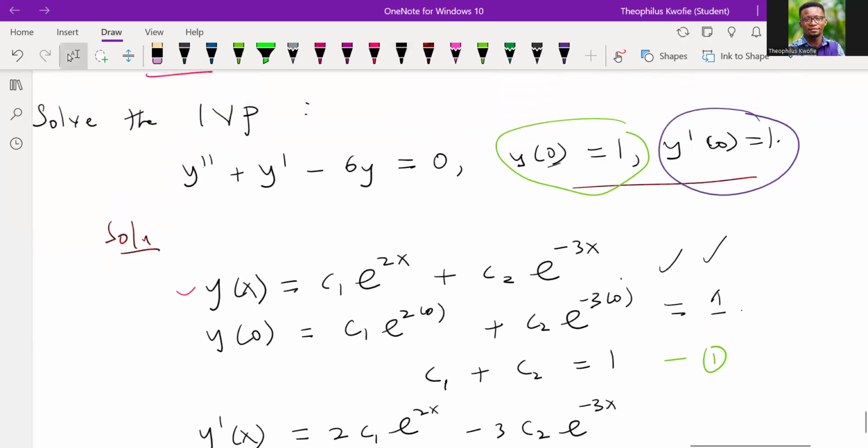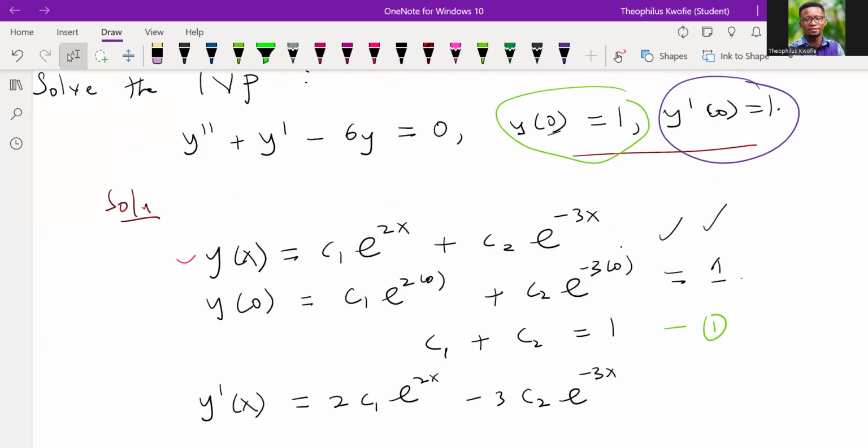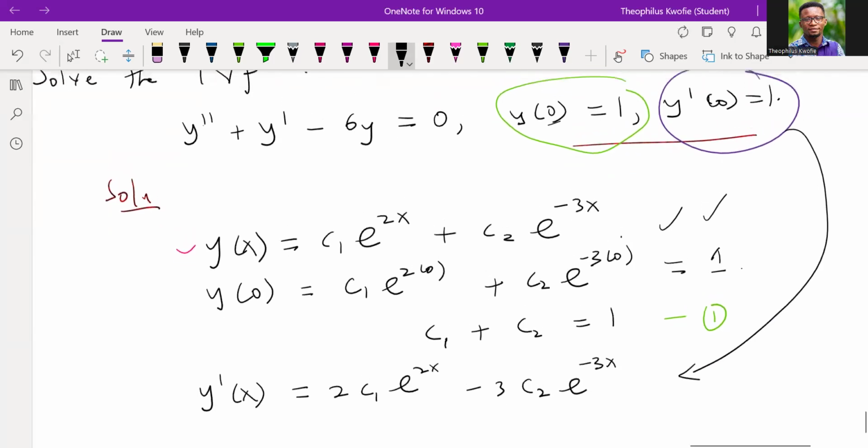So now that we have the first derivative of the solution, we can invoke the initial condition on this. It means wherever I see x, replace it by 0, then you equate the result to 1.